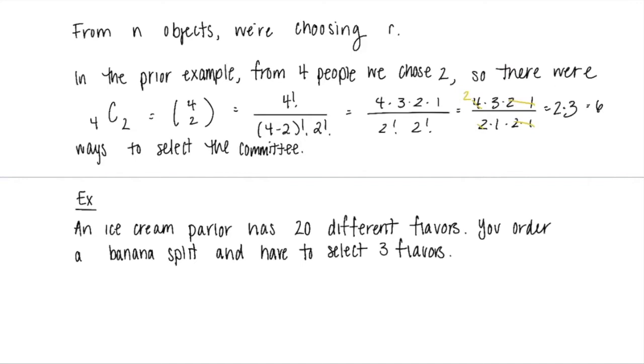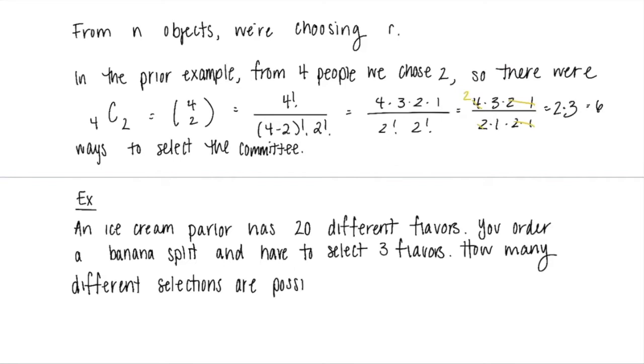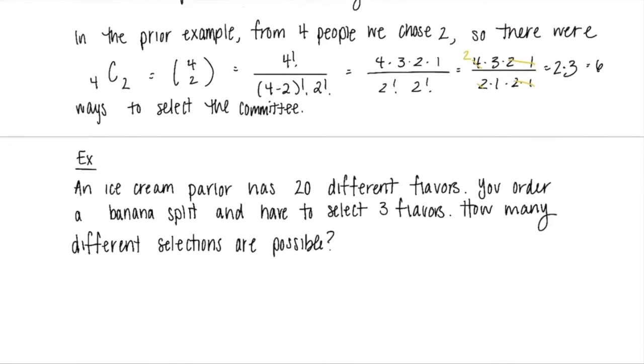How many different selections are possible? So from 20 flavors, we are going to select 3 of them. So we're going to go through and calculate 20 choose 3.